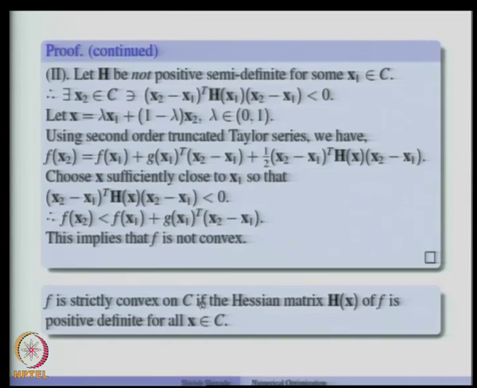Remember that this is not if and only if. So, I leave it as an exercise to find out the case where f is strictly convex, but the Hessian matrix of the function is not positive definite. But if the Hessian matrix is positive definite, then we can definitely say that f is strictly convex.